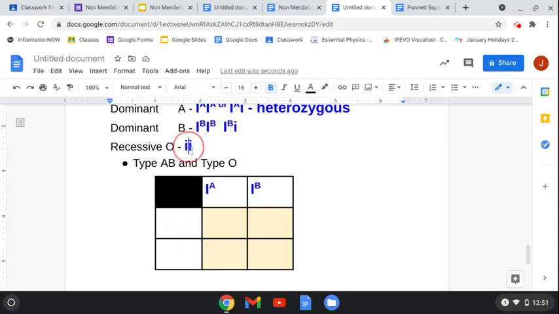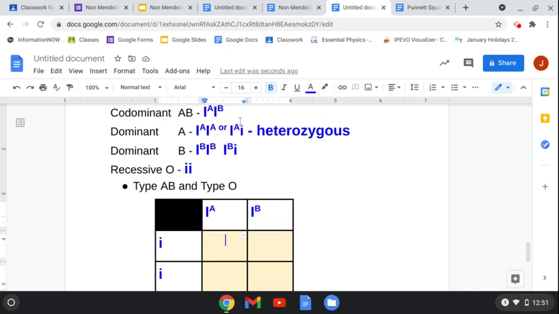I'm having trouble copying. Copy, paste, and paste. Now I'm going to fill in my Punnett square. So this first one, I would bring my IA down in A. Well, that is heterozygous, so I'm just going to go ahead and copy and paste. And then that would be B blood type.